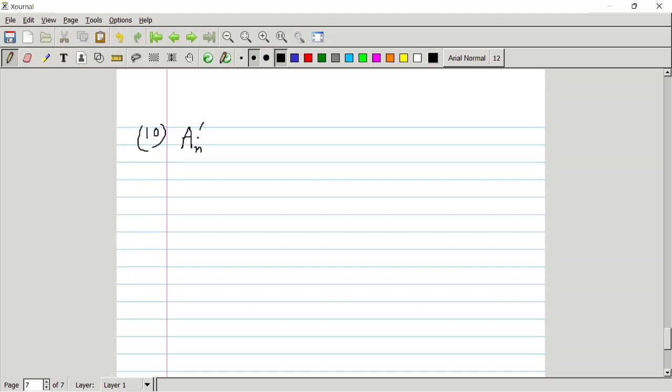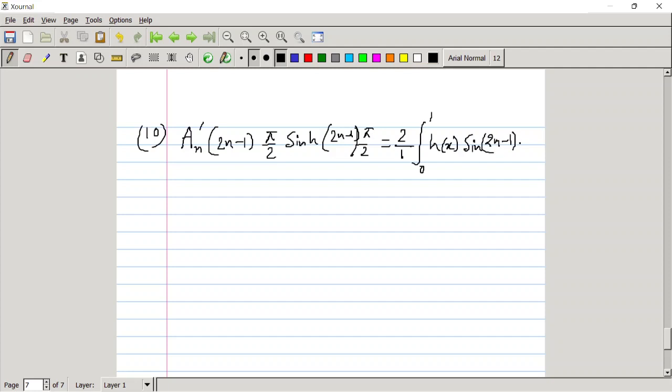(2n minus 1) pi by 2 sine hyperbolic (2n minus 1) pi by 2, equal to 2 by the length of the interval, which is 1, integral 0 to 1, right-hand side is hx sine (2n minus 1) pi by 2 into x dx.